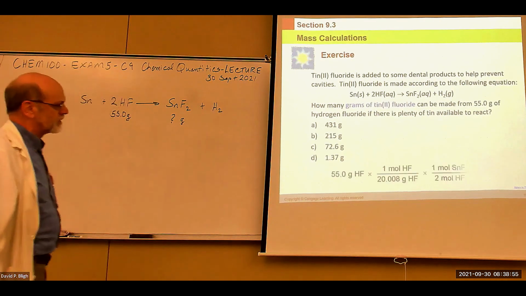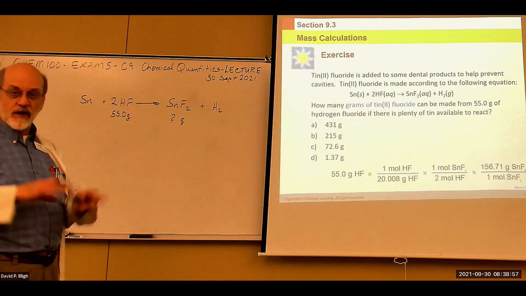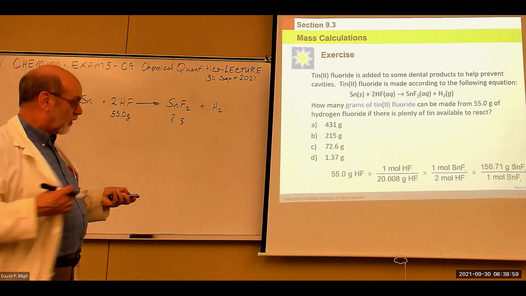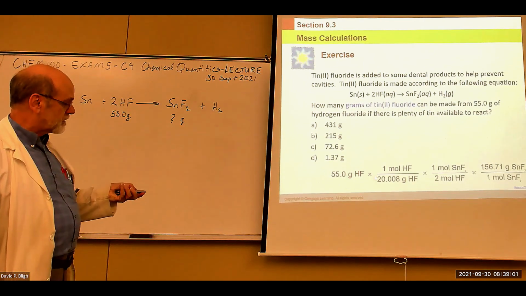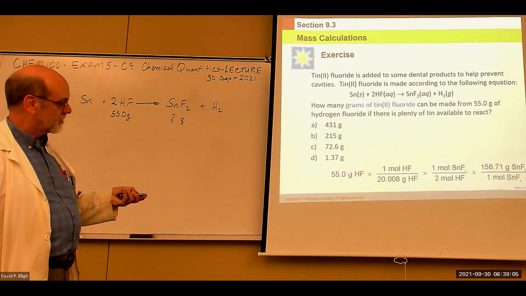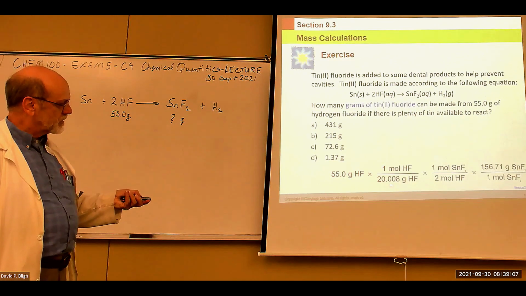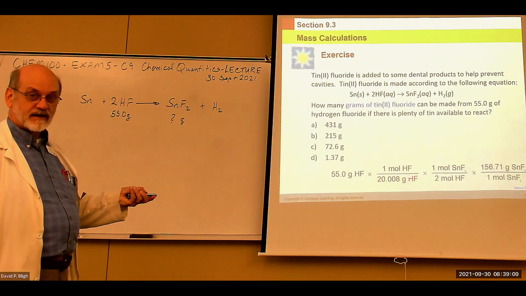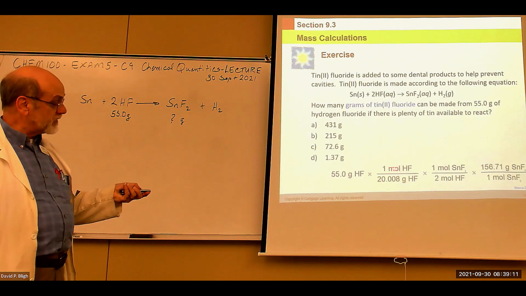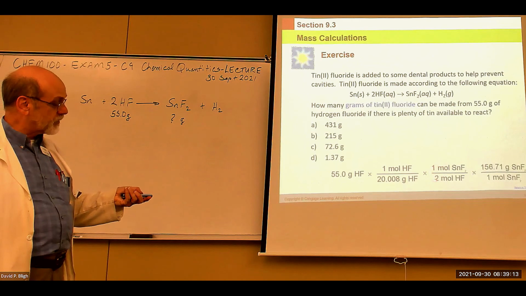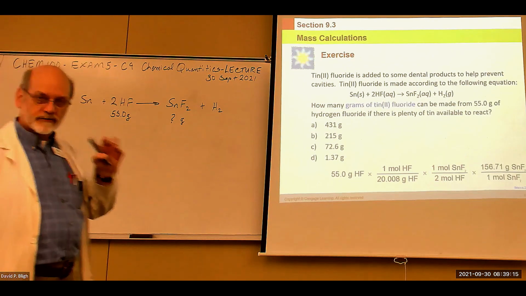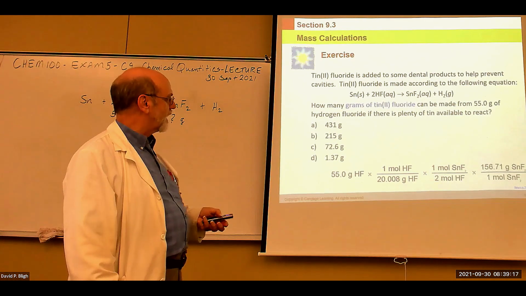And I think I've got it up here. Yeah, there it is. Now this is a single step. But what we've done is we converted hydrogen fluoride, hydrofluoric acid, into moles of HF. Then we converted the moles of HF by this conversion factor into moles of tin(II) fluoride.